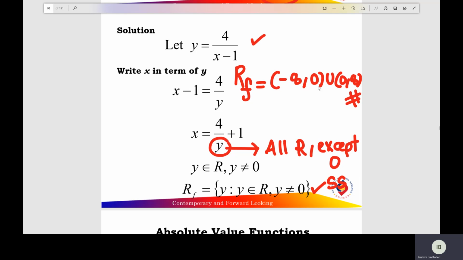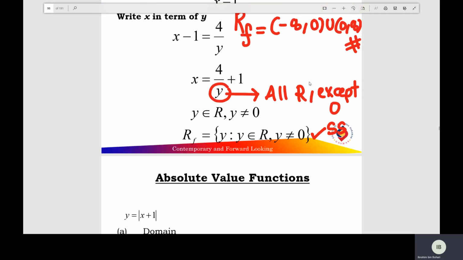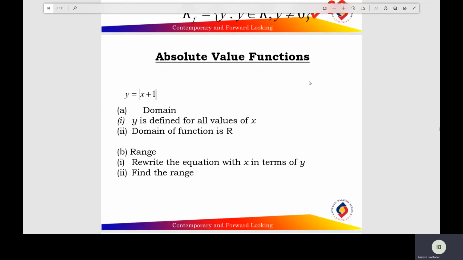Okay, question 1. Find the range and find the domain of the absolute value function. y equals modulus of x plus 1, and you find the domain of the function. y is defined for all the values of x, and the domain of the function is all the real numbers, negative to positive infinity.